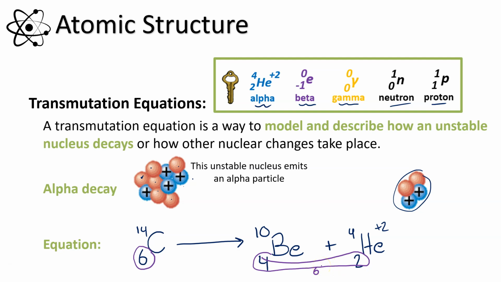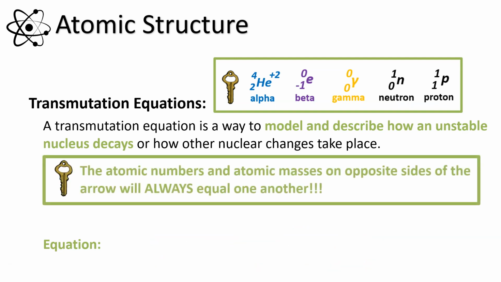This will always be true in any of the changes you see, and it works with the masses as well. Before, we had a total mass of 14, and after the change, we also had a total mass of 14. So those totals will always be equal to each other on opposite sides of the arrow.